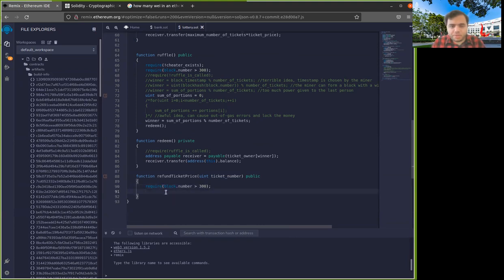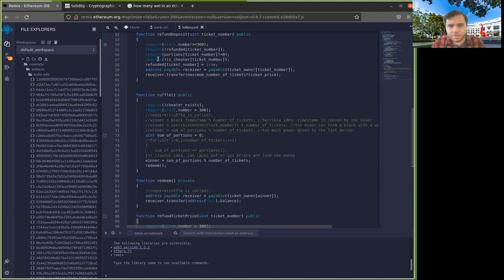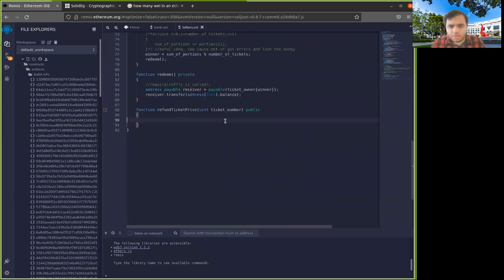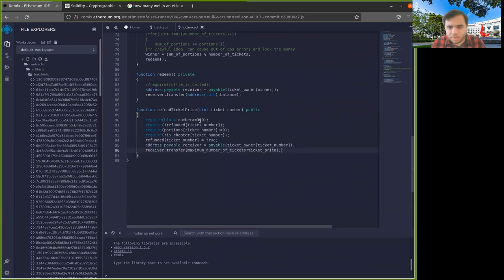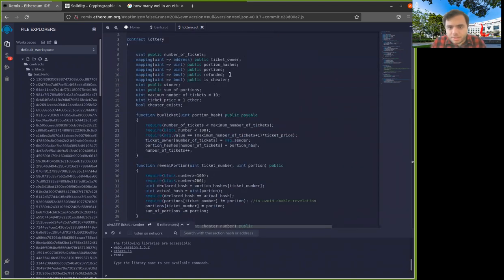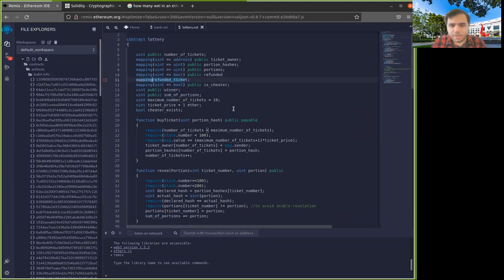And of course, I want to refund the ticket price only if this person is not a cheater. So it's very much like this refund deposit. So honestly, we could just make them into one function, but now I have two. So make sure that we have not refunded. Okay, I need another. I can have refunded and refundedTicket because I have two types of refunds now. It wants me to write it like this.